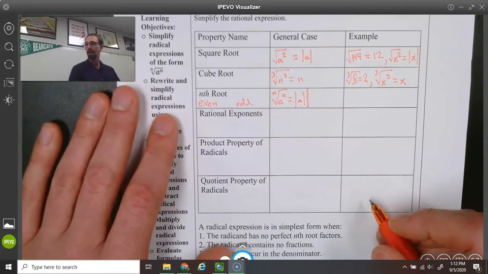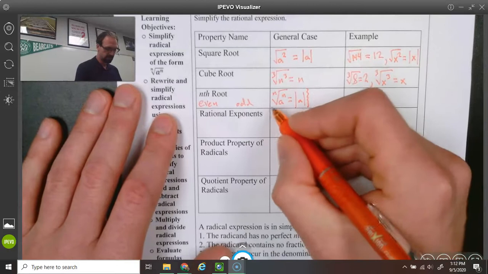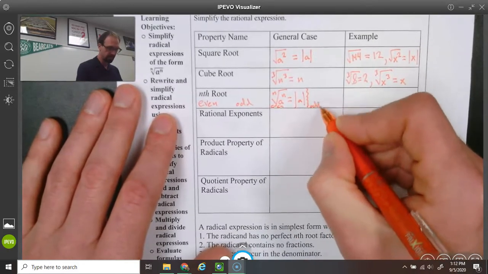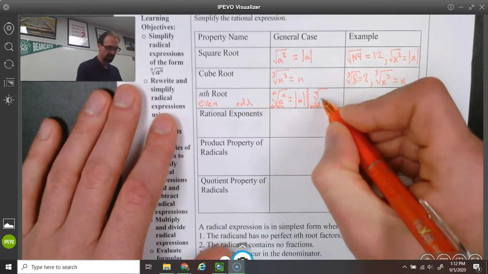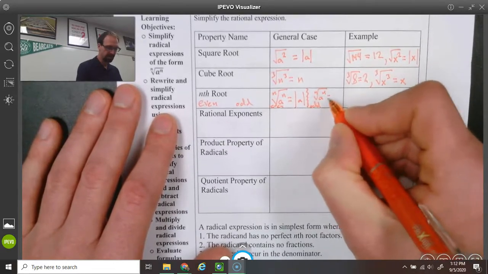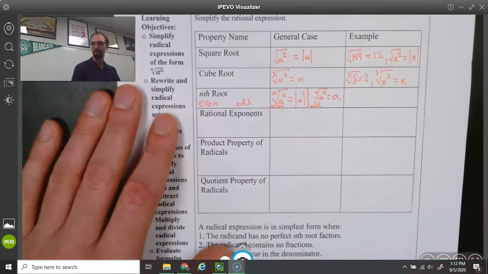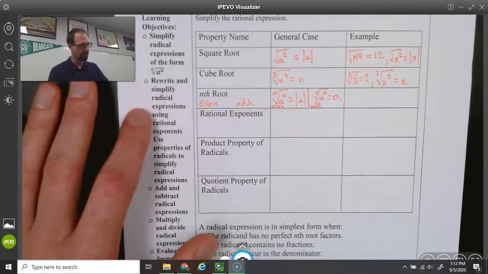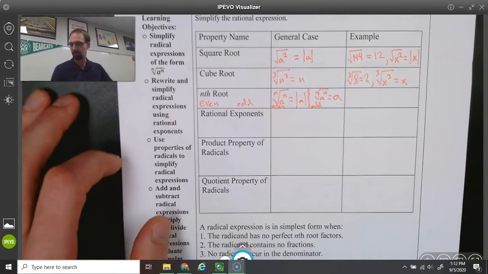But if it's odd, so this is even, this is odd. If it's odd and we take the nth root of a to the n, then it's just a. So that's if the n value is odd. So n is even, n is odd. We have two examples here.